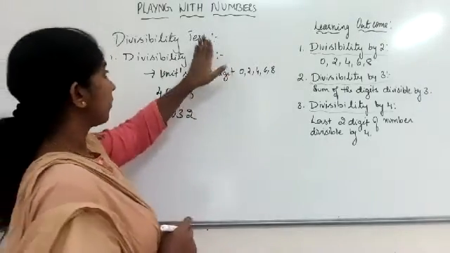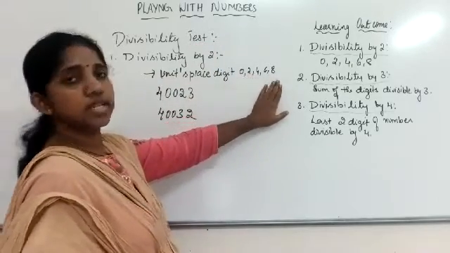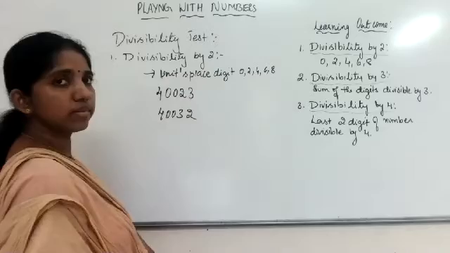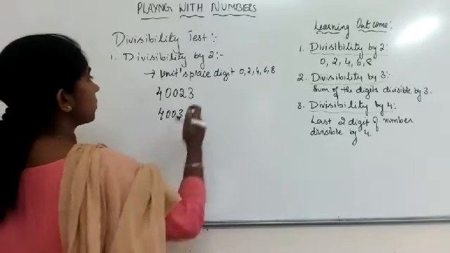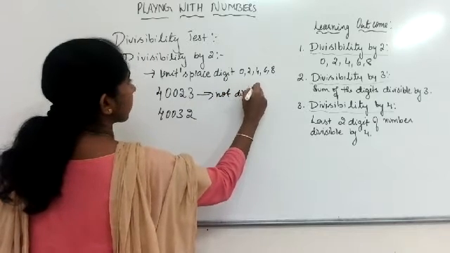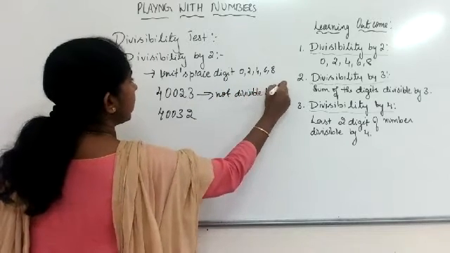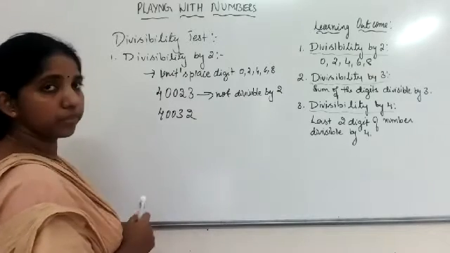It says the units place digit should be 0, 2, 4, 6, 8, but we have 3. So this is not divisible by 2. Now let us look at 40,032.